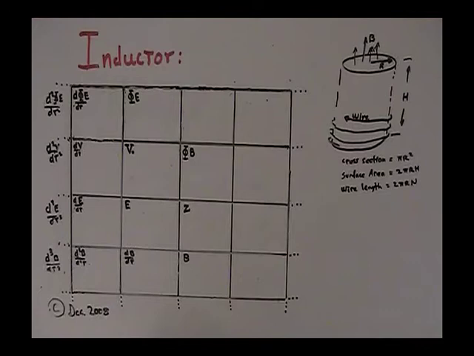And when we went from E to V, we gained a factor of 2 pi r n.